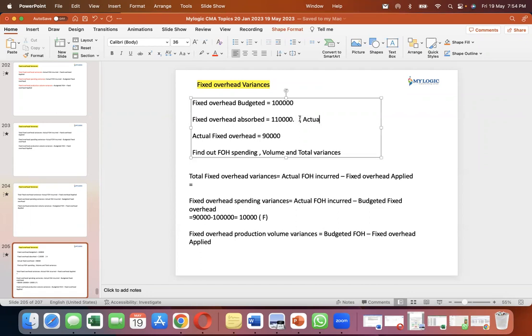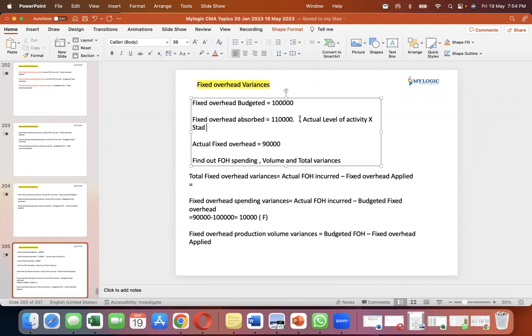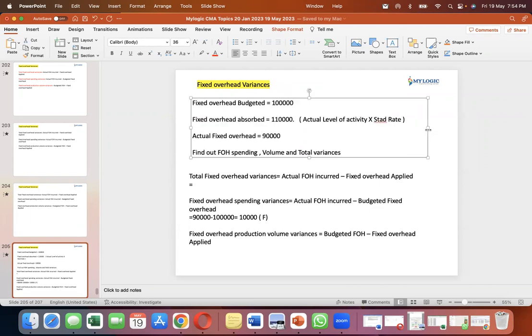We mentioned that actual level of activity multiplied with the budget rate, the standard rate. Am I correct? Yes. Now, the concept goes like this.